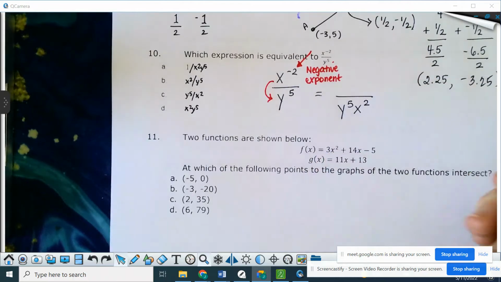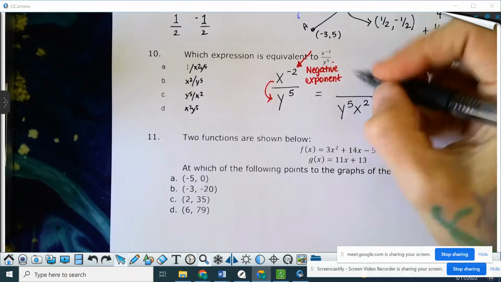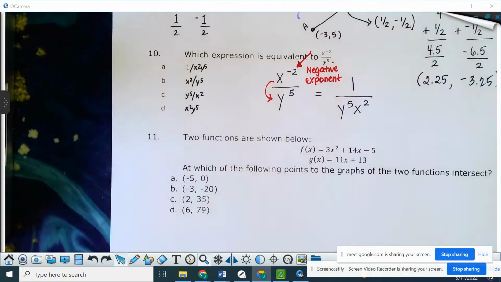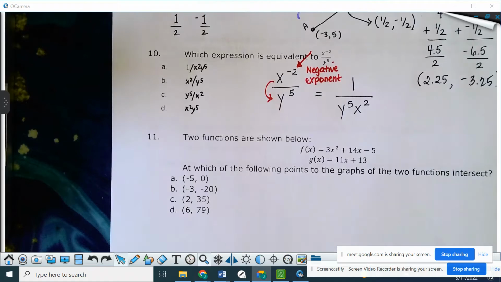A lot of students, and I think it was actually in Math 3 yesterday, were confused. You have to put that 1 on the top. It cannot become y to the 5th power x squared, because at that point the denominator becomes a numerator. And 1/4 is a far cry from $4. Having a quarter in your pocket versus $4 are two totally different conversations.